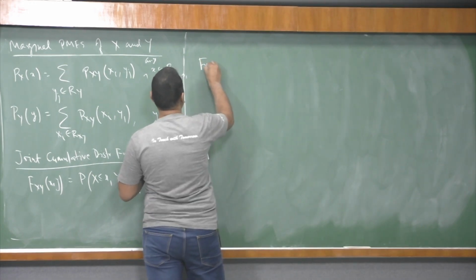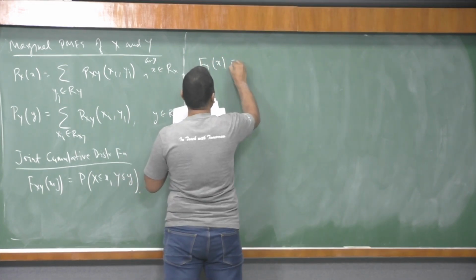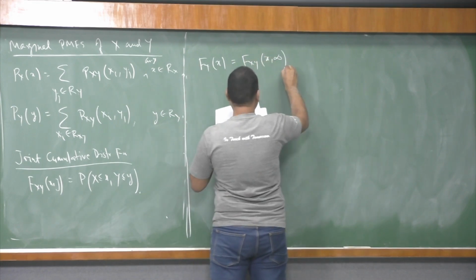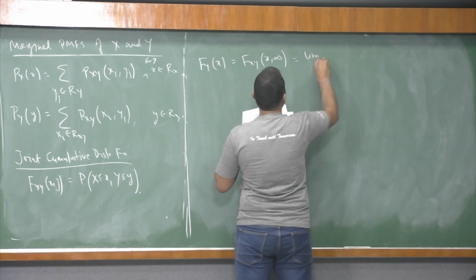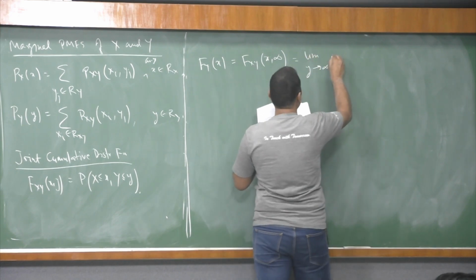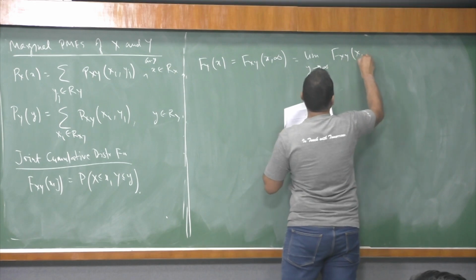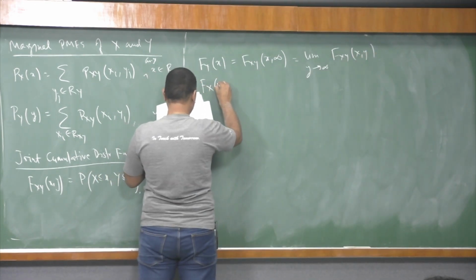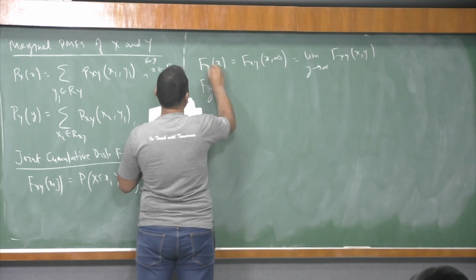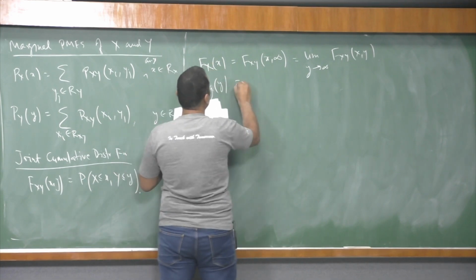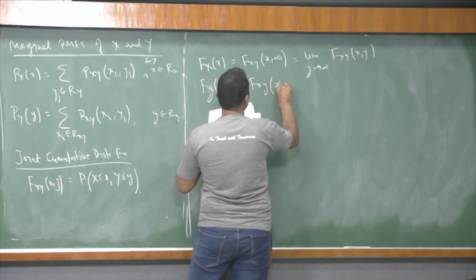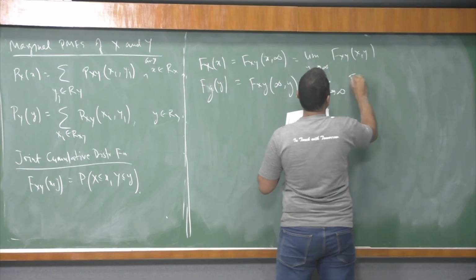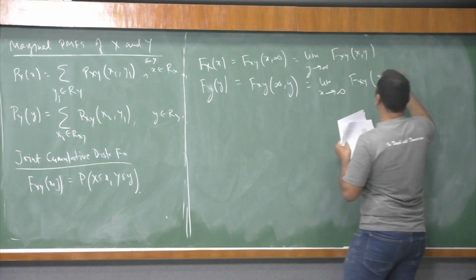If I want the marginal with x, then I write F_X(x) = F_XY(x, infinity), which is defined as the limit as y tends to infinity of F_XY(x, y). And similarly, I can define the marginal with respect to y, F_Y(y) = F_XY(infinity, y), which is the limit as x tends to infinity of F_XY(x, y).